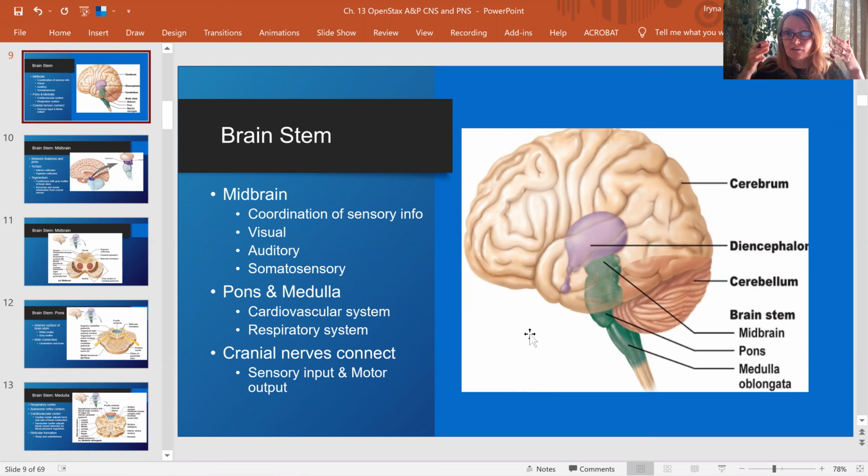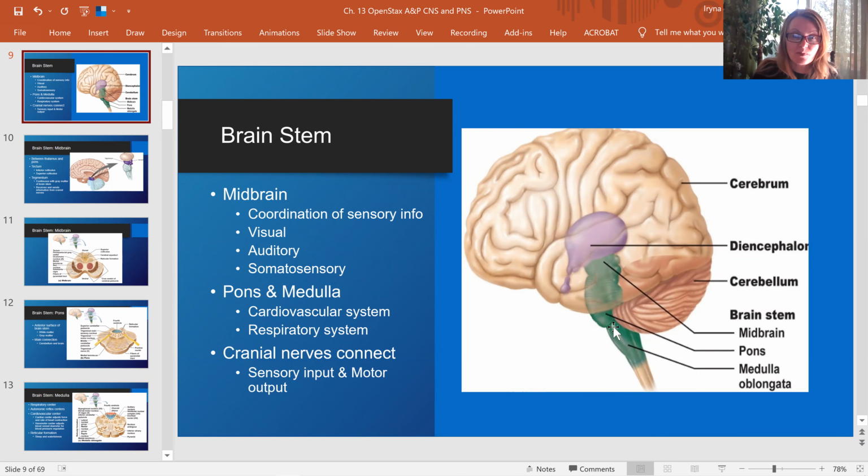You will see white fibers that are tracts, and we will have both ascending tracts, that go up, and descending tracts, where information goes down. Obviously, it should go through the brain stem. And then we have autonomic reflex centers over there, cardiovascular, respiratory, your sleep and arousal center, right?